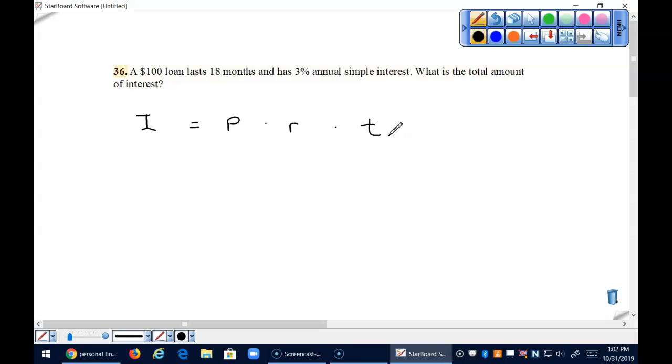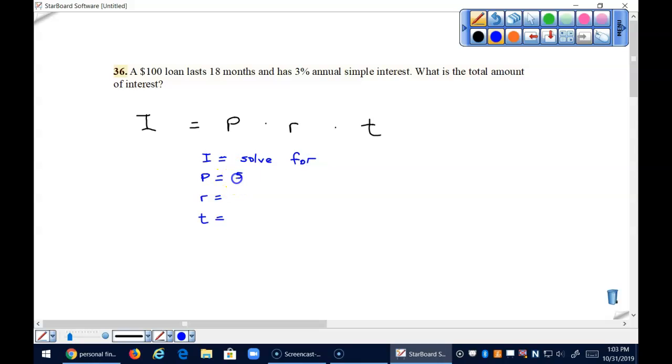Okay, one thing that some people do is they say, I'm going to write the formula, and then I'm going to list out what all my letters are. Because if anything funny is going to happen, it's not going to happen when I plug things into the formula. That's when the calculator does all the work. It's going to be in the setup phase. So in this case, the interest, that's what I'm solving for.